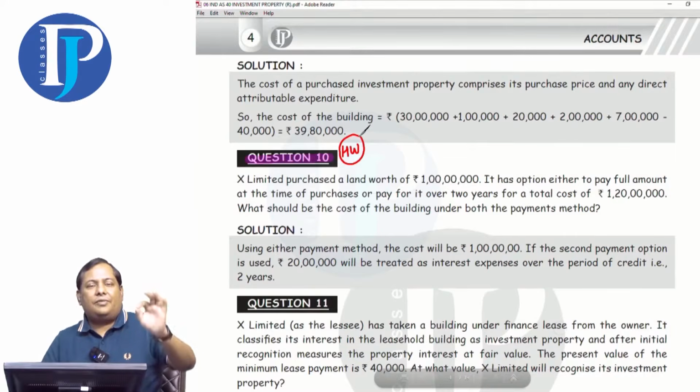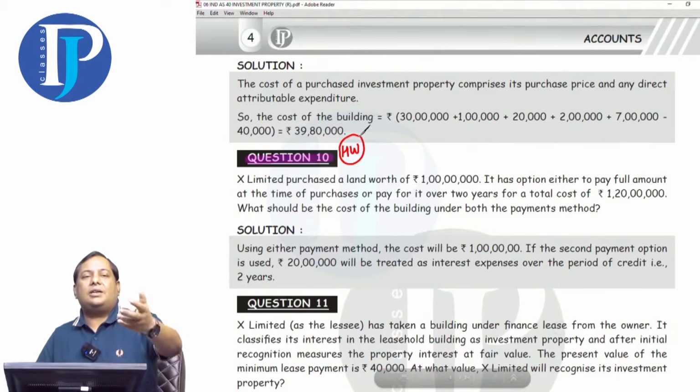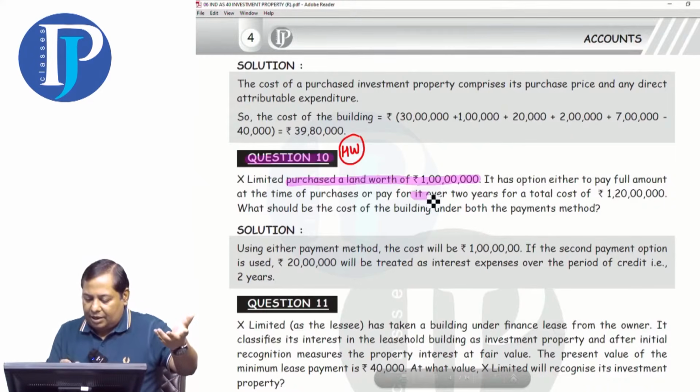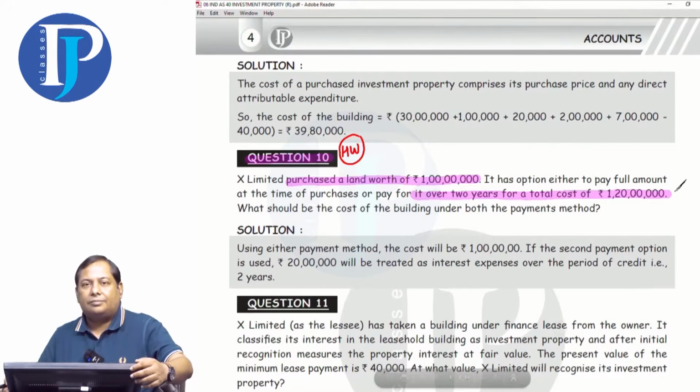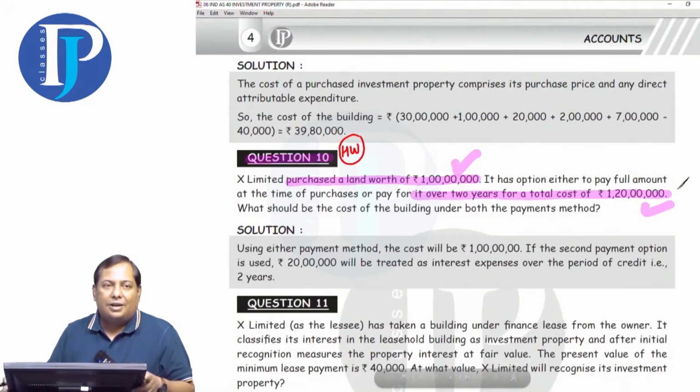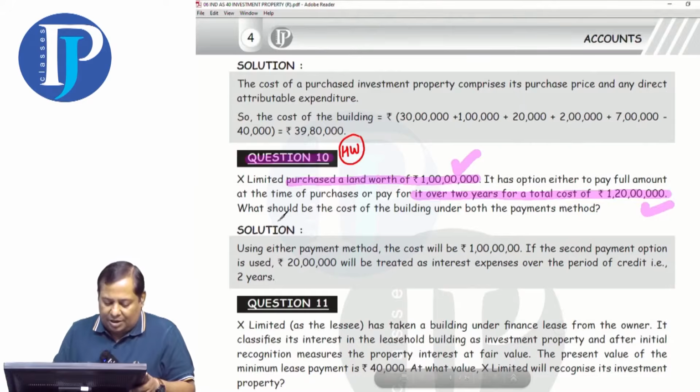You just need to tell a note. What will we do with the interest? For example, you have purchased a piece of land for 1 crore, but you have to make the payment after 2 years, and that payment is for 1 crore 20 lakhs. You bought land for 1 crore, but you need to pay 1 crore 20 lakhs. Then what is this 20 lakh rupees? This is your interest. You were asked what should be the cost of the building under both payment methods?